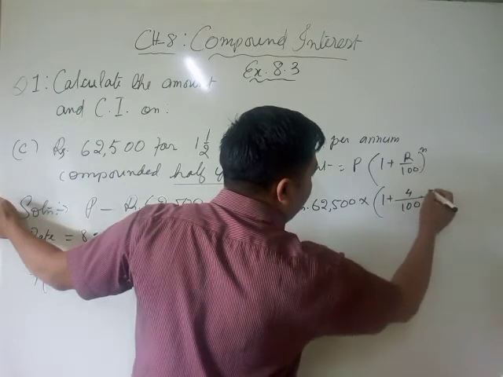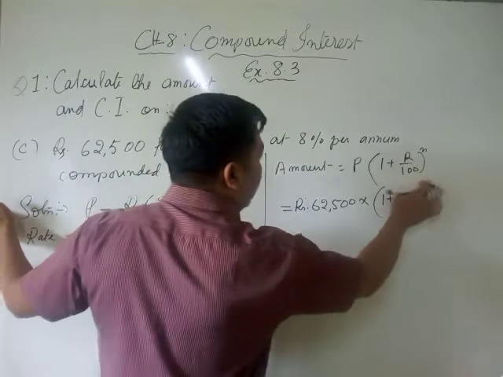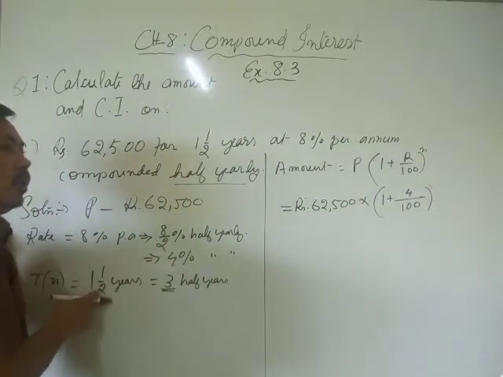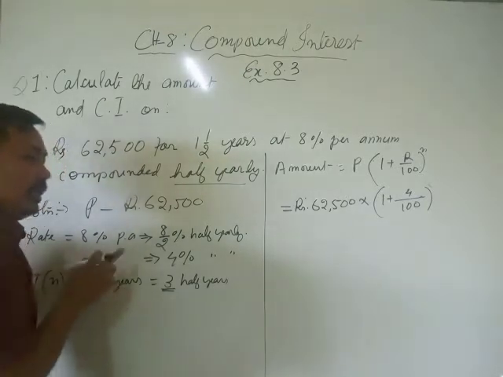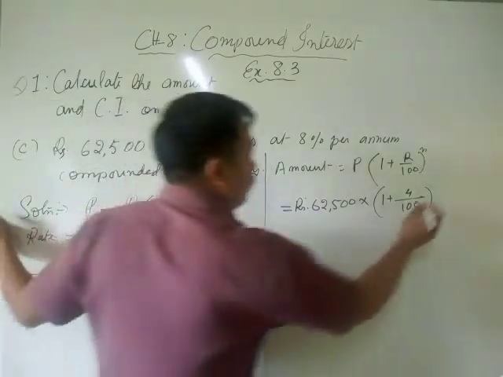4 by 100, to the power n. N, how much are we supposed to take here? Time is given as 1.5 years, and in 1.5 years there are 3 half years, isn't it? That means we will take 3 once again.